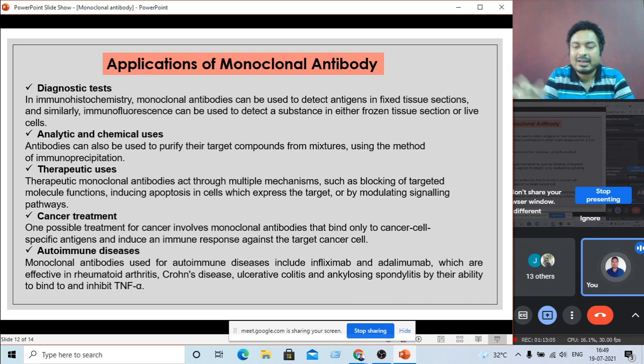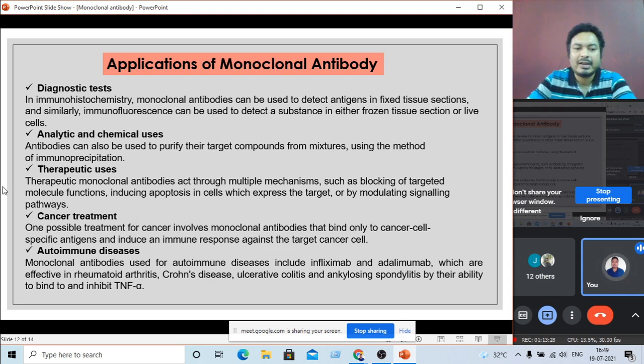If this antigen is found by the monoclonal antibody, then they can inhibit the apoptosis process, and that's why we can inhibit the mechanism of apoptosis inside the body, and then our body cells can be revived again. Okay, so this is one type of therapeutic use.